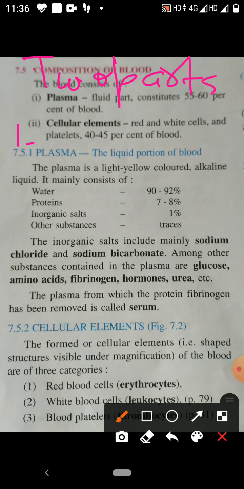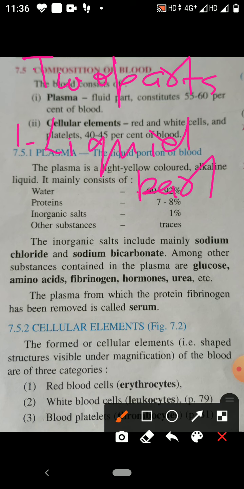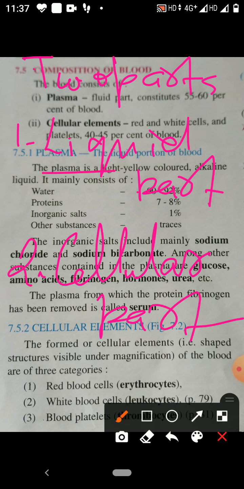First is the liquid part, and second is the cellular part. The liquid part of the blood is called plasma.